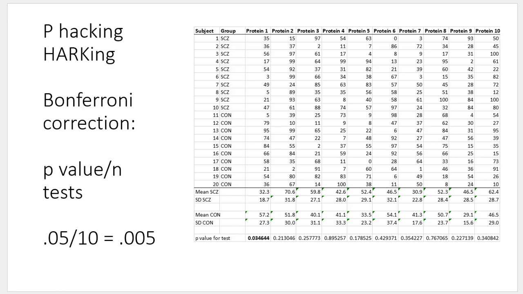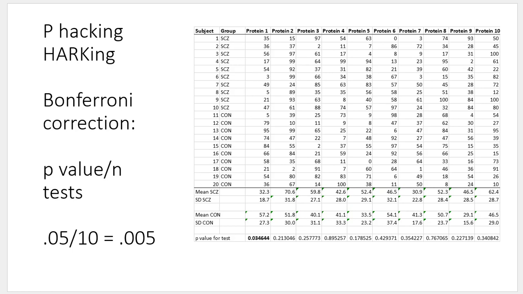Well, in reality, what I've done here is taken Excel and I've generated 10 columns of random numbers, all right? So how is it that that one test for protein 1 came out statistically significant? It's because when I'm doing 10 t-tests, the p-value is not 0.05, but it's 0.05 divided by 10.